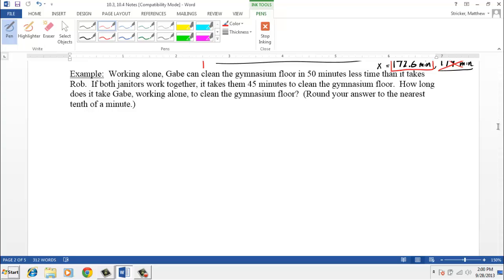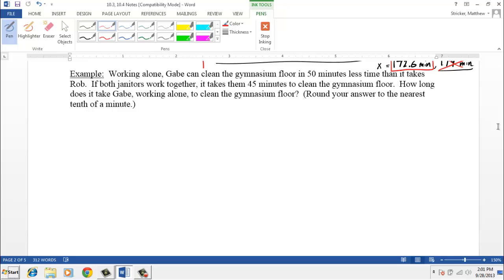So let's go ahead and read this one. Working alone, Gabe can clean the gymnasium floor in 15 minutes less time than it takes Rob. If both janitors work together, it takes them 45 minutes to clean the floor. How long does it take Gabe, working alone?